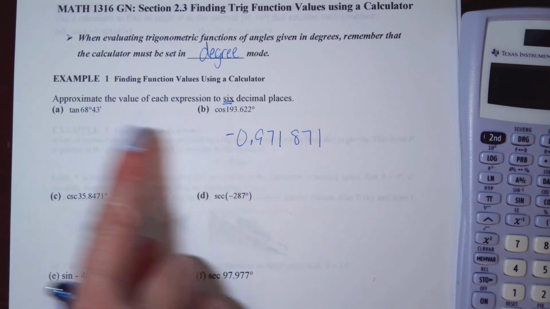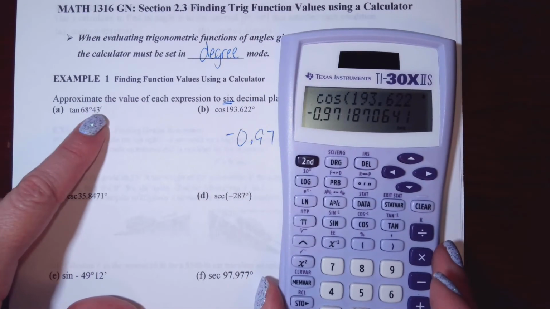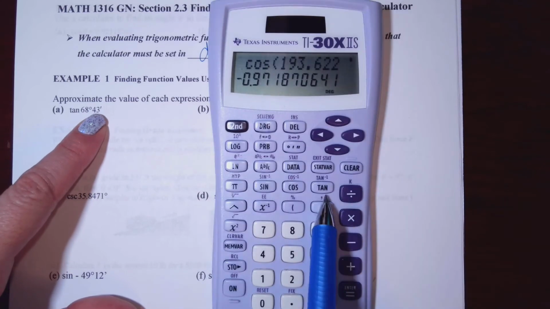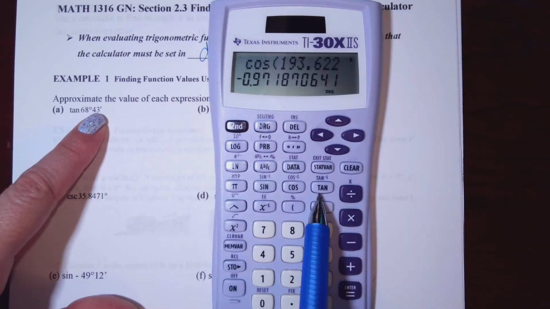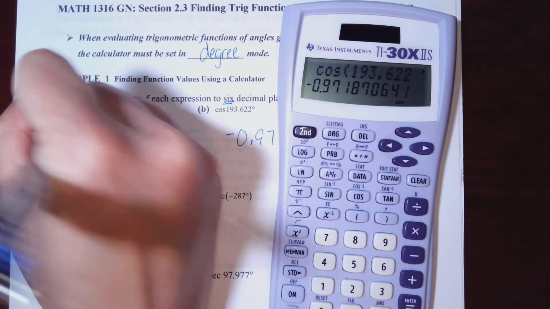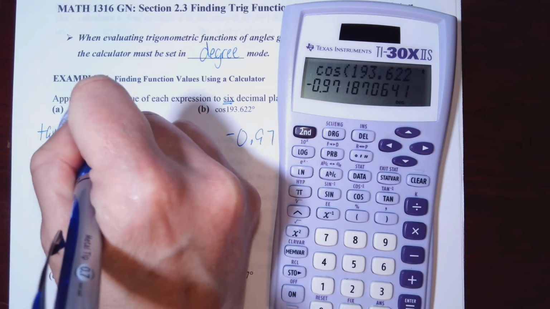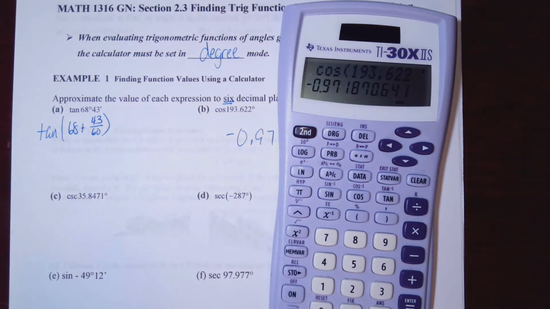Okay, now we're going to go back over here. This one, I didn't start with it just because I've got degrees and minutes. I have a tangent function button, so I can plug it in, but I'm going to have to enter it as tangent of 68 plus 43 out of 60 minutes. So I'm going to make sure that I enter it correctly.